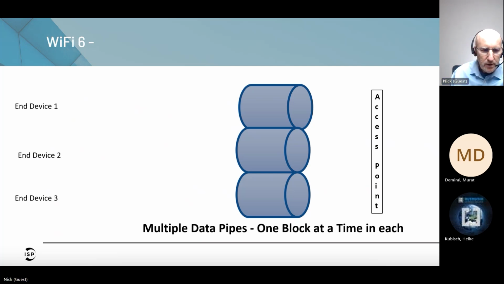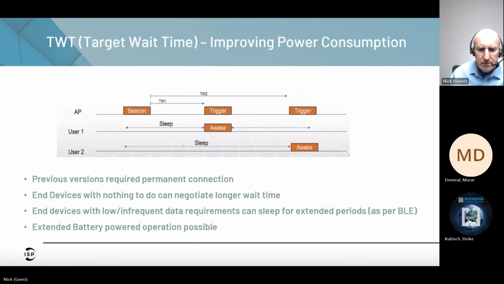The next major upgrade is target wake time, which is about improving the power consumption side of the equation. Previous devices needed to regularly communicate with the access point, or else the connection was broken.